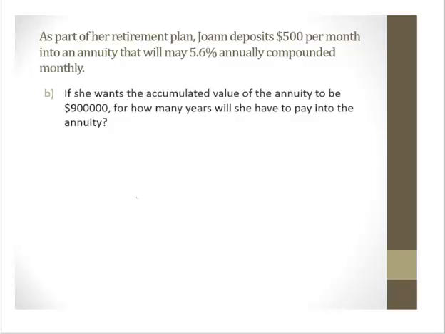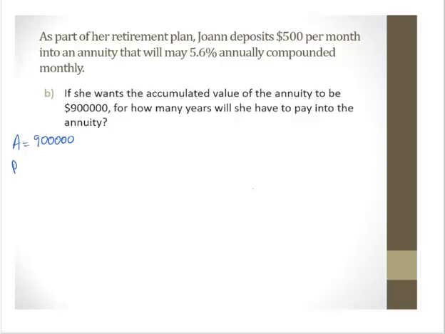Now, what if instead we want a specific accumulated value? So now she wants the accumulated value of the annuity to be $900,000. For how many years will she have to pay into the annuity? Well, we have the accumulated value, 900,000.